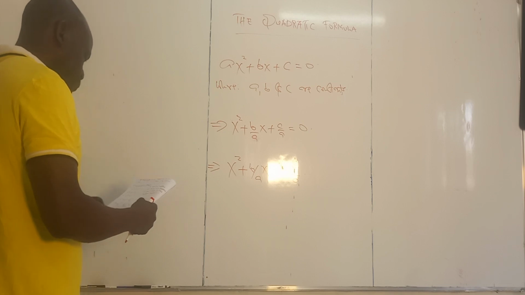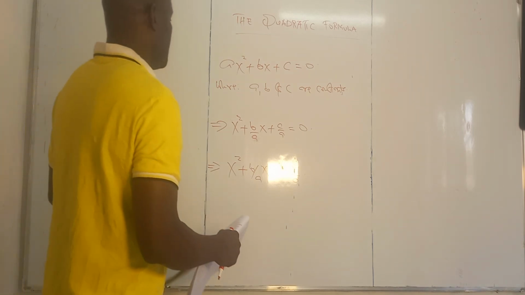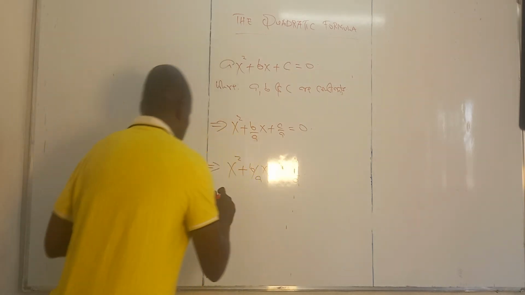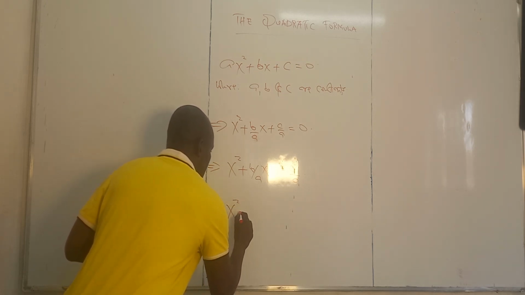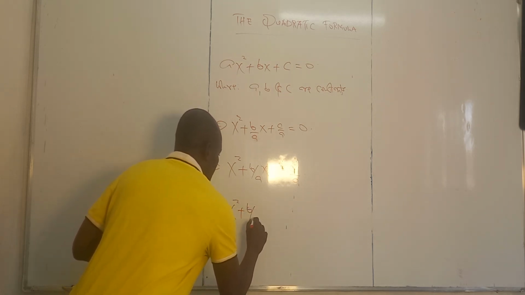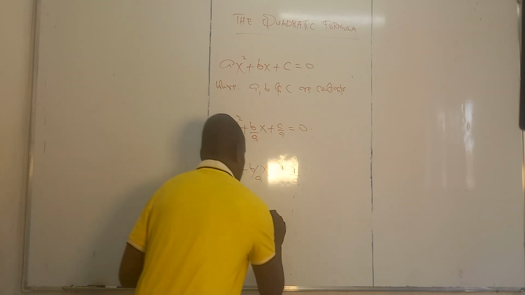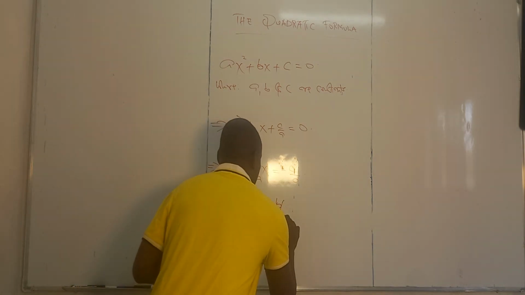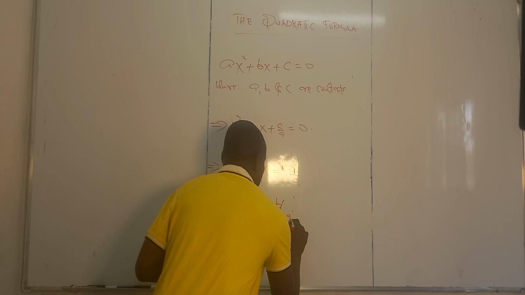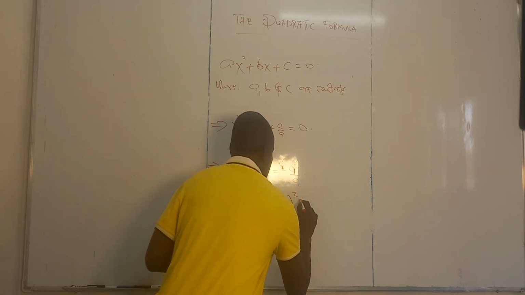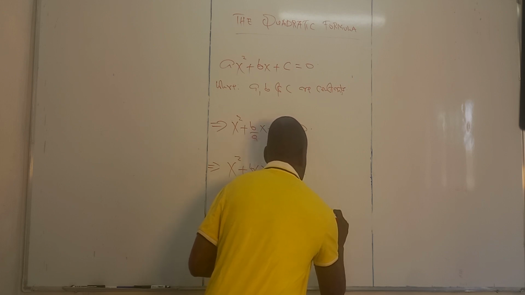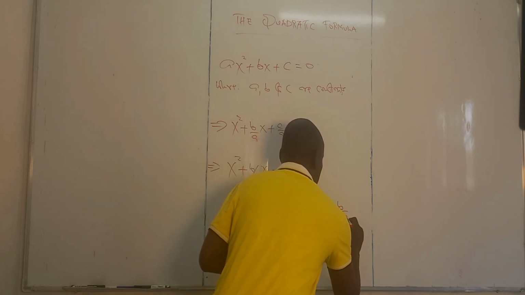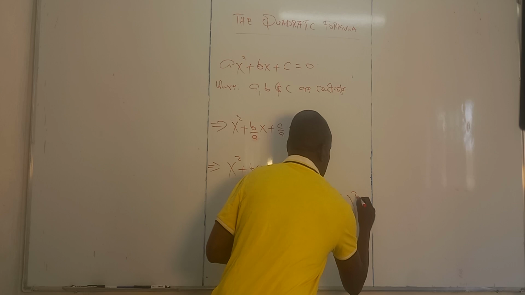And so the next part will be us having to say that x squared plus b over a x plus b over 2a squared is equal to minus c over a plus b over 2a squared.